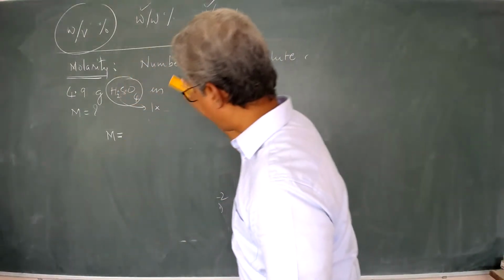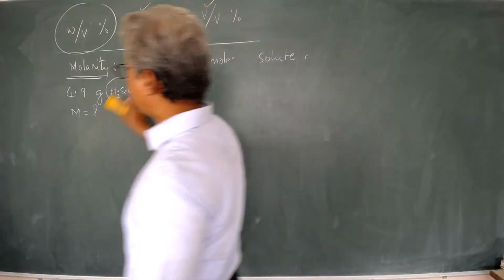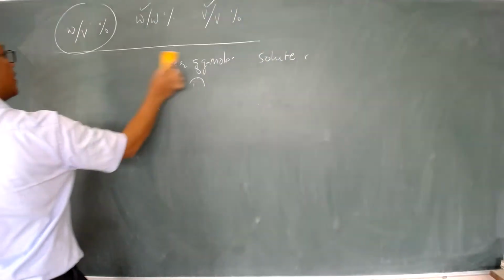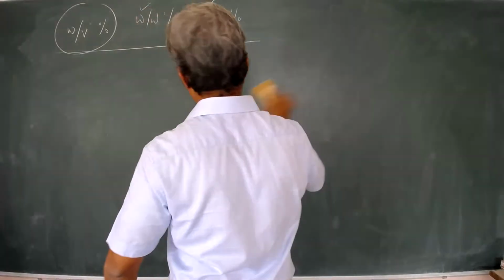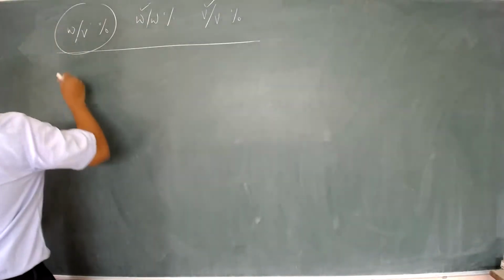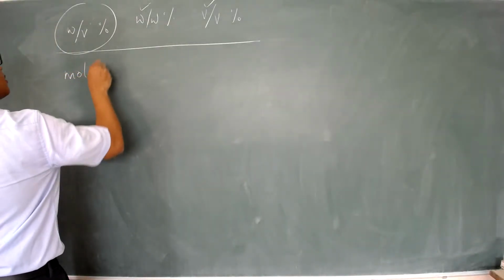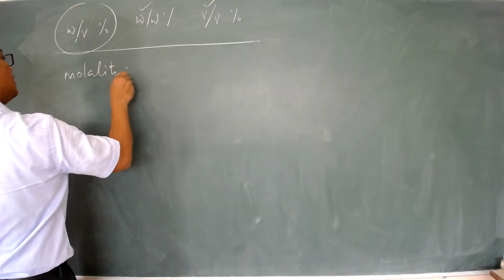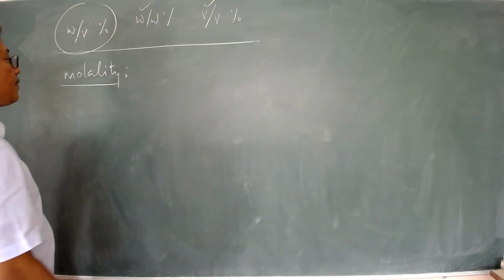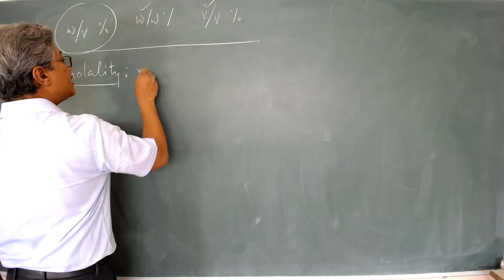Then we take another way of expressing the concentration of a solution, that is molality. Molality is represented by a small m.